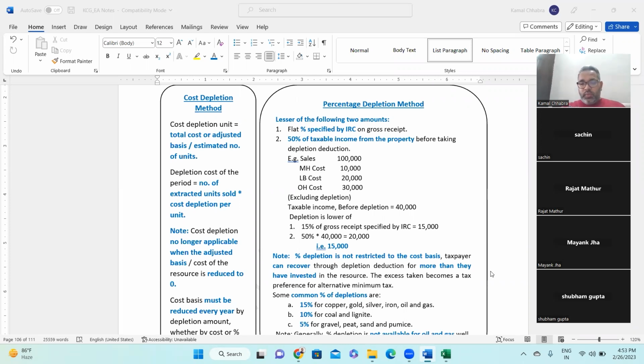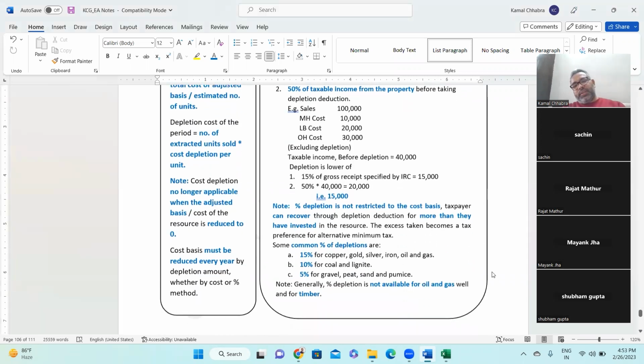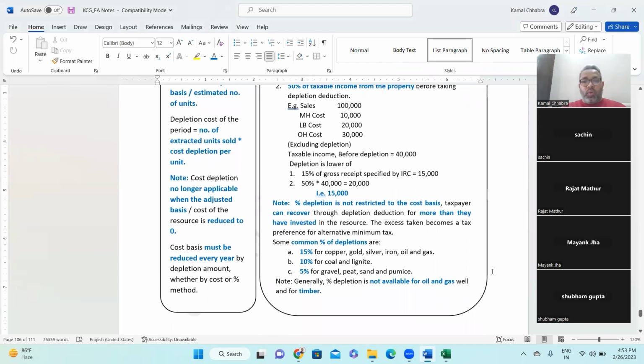Now, look at the note over here. Percentage depletion is not restricted to cost basis. So this is the benefit over here. That means you can claim depletion even after 100% of the cost has been absorbed. This is the additional benefit of using the depletion method.